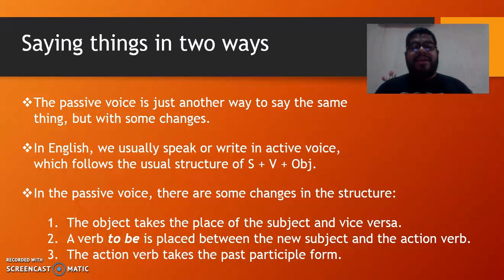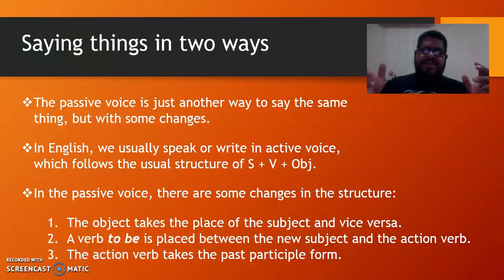What does that mean? It means that you take the subject and the object of the sentence and you exchange them from place. Number two, a verb to be is placed between the new subject and the action verb. Now, since the object of the sentence becomes the subject, this is the new subject of the sentence.